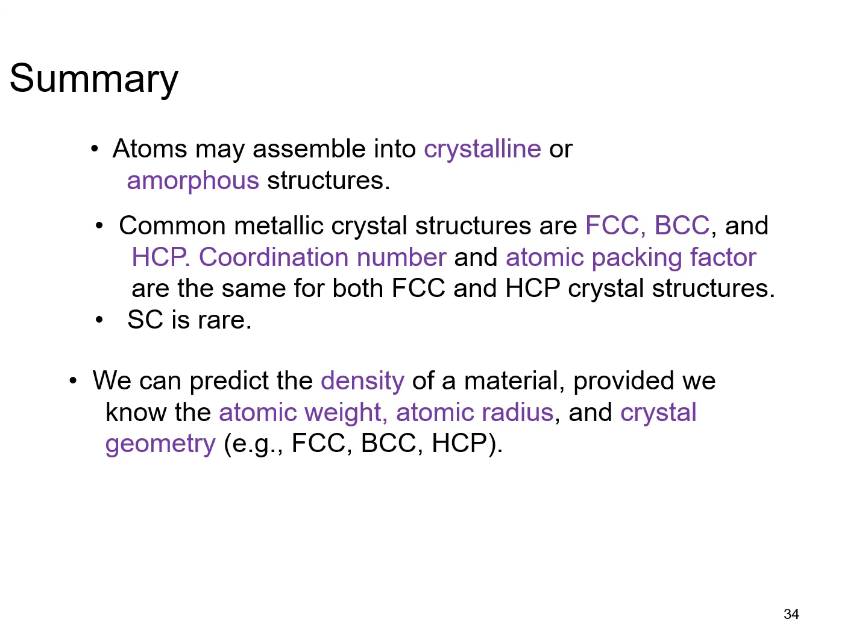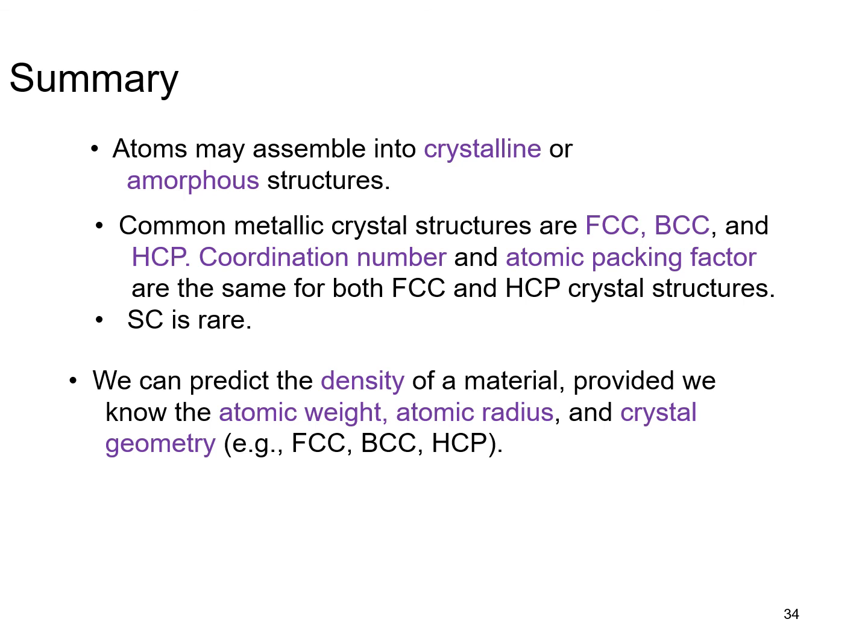To summarize, we've covered a lot of material. We've introduced many new terms and concepts, such as how atoms can be assembled into crystalline or amorphous structures. We've talked about face-centered cubic, body-centered cubic, and simple cubic structures. We define those using coordination number and atomic packing factor.